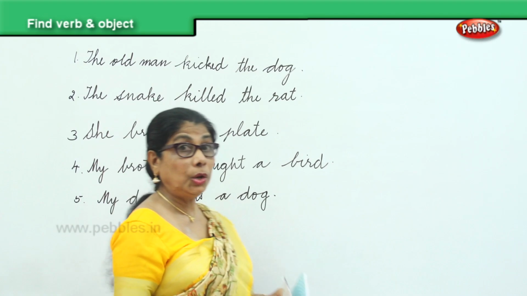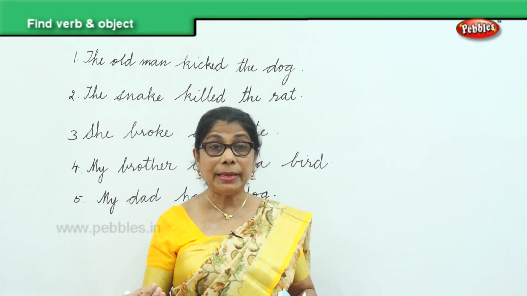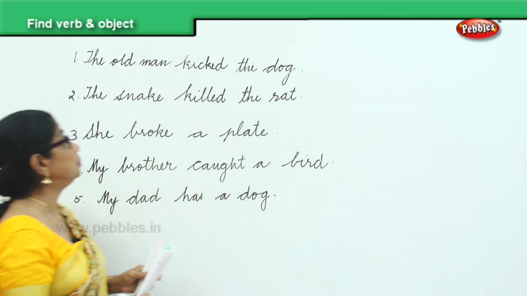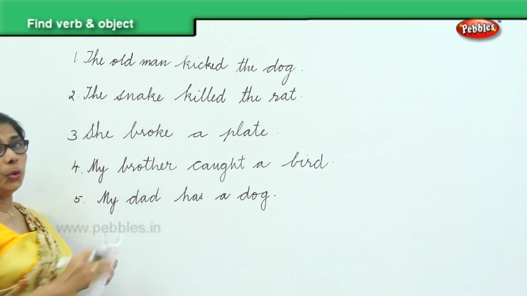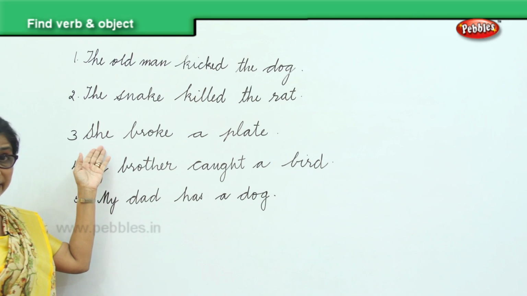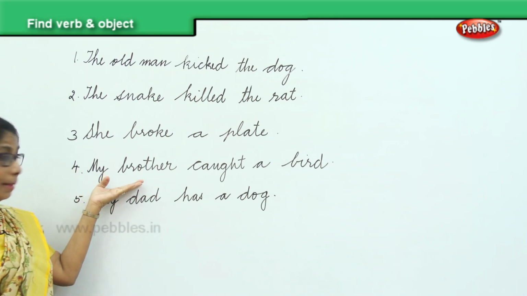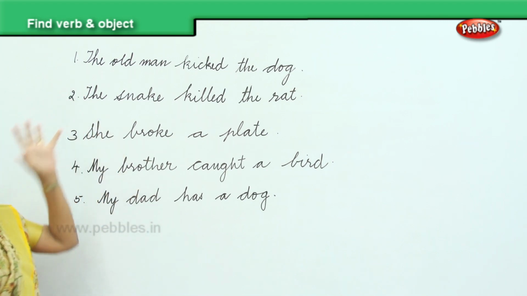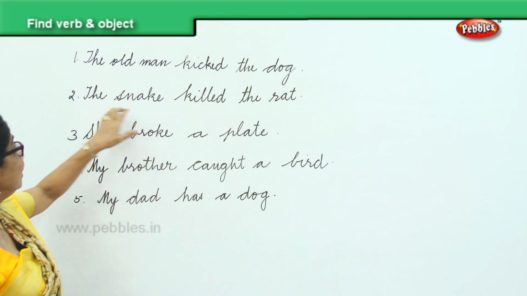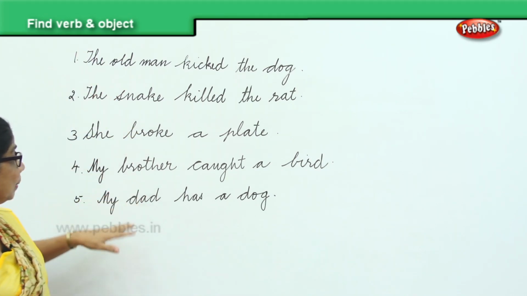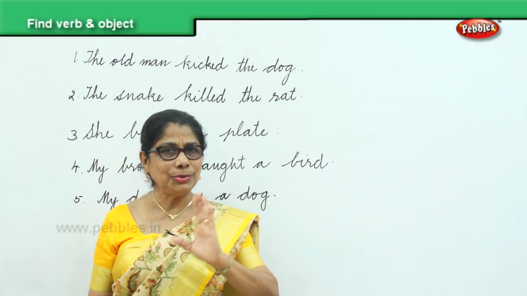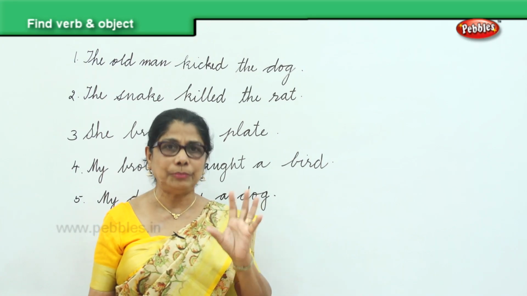Now, we are looking at the verb in the sentence. In these sentences, which is the subject? The old man. Here, the snake. Here, she. Here, my brother, my dad. We know from the last exercise how to identify the subject.